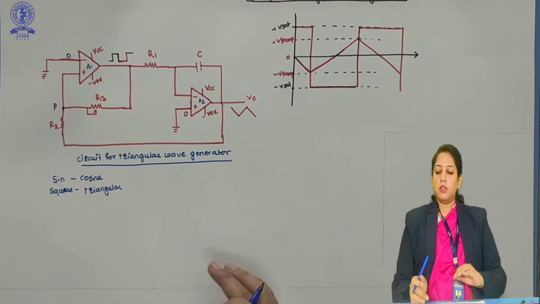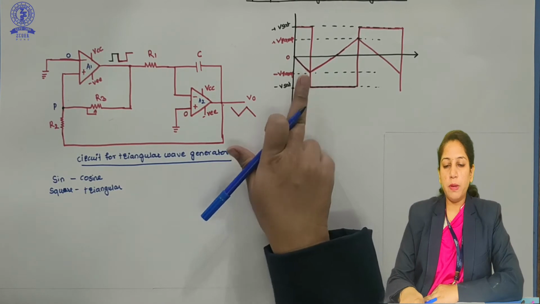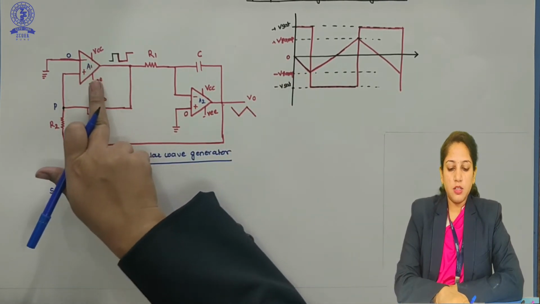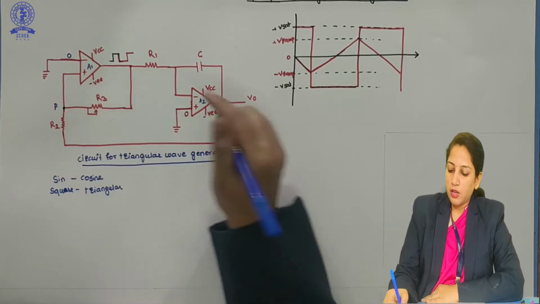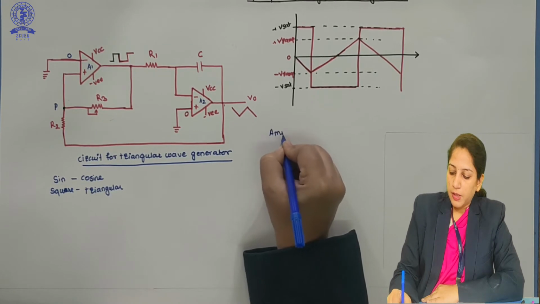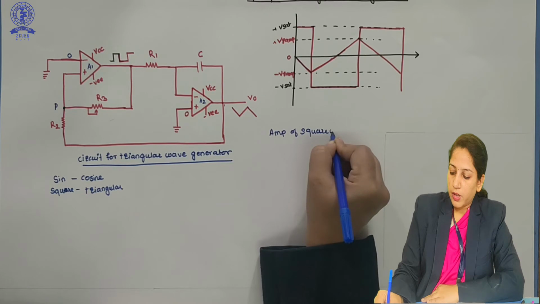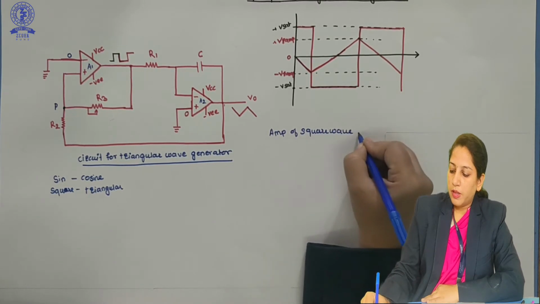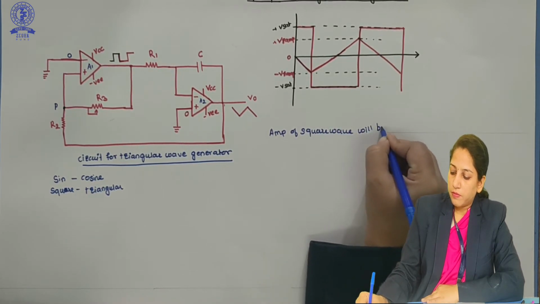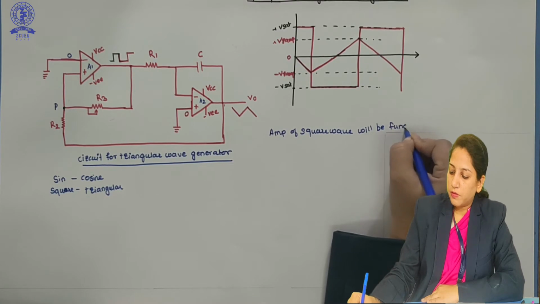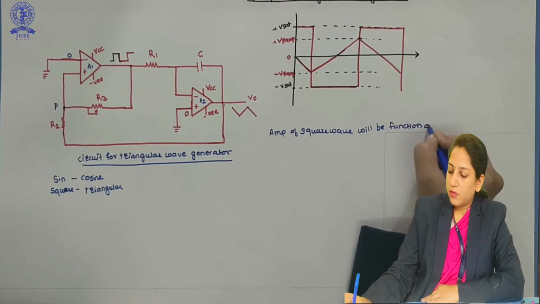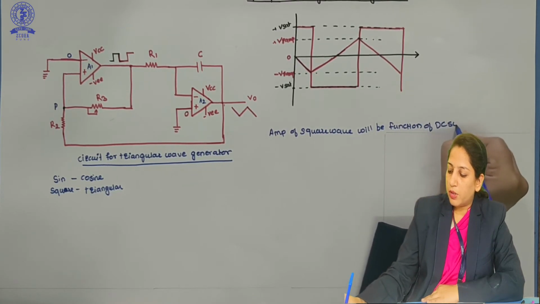Now the amplitude of the square wave will be a function of the DC supply voltage. Okay, so I will write here: amplitude of square wave will be a function of DC supply voltage.